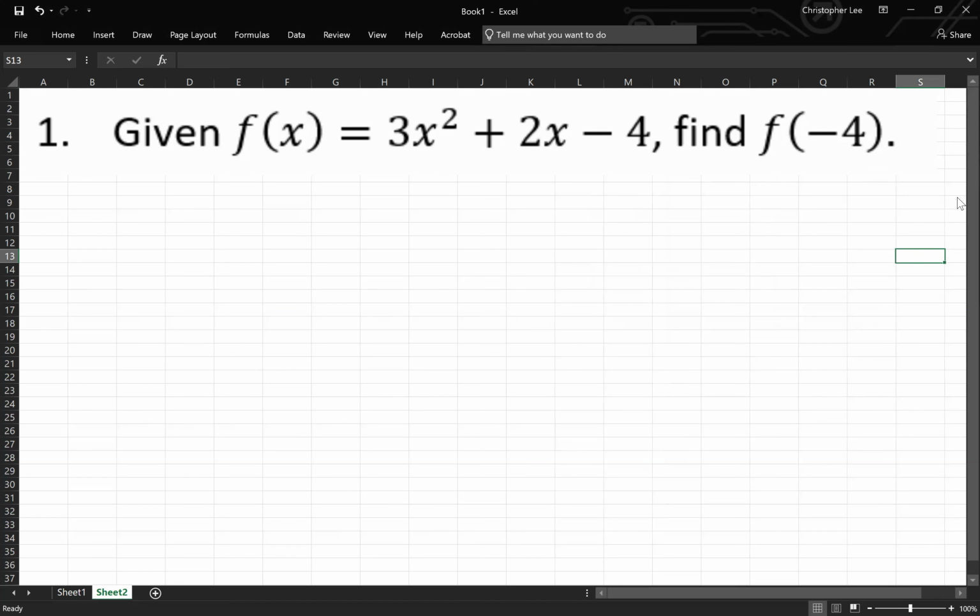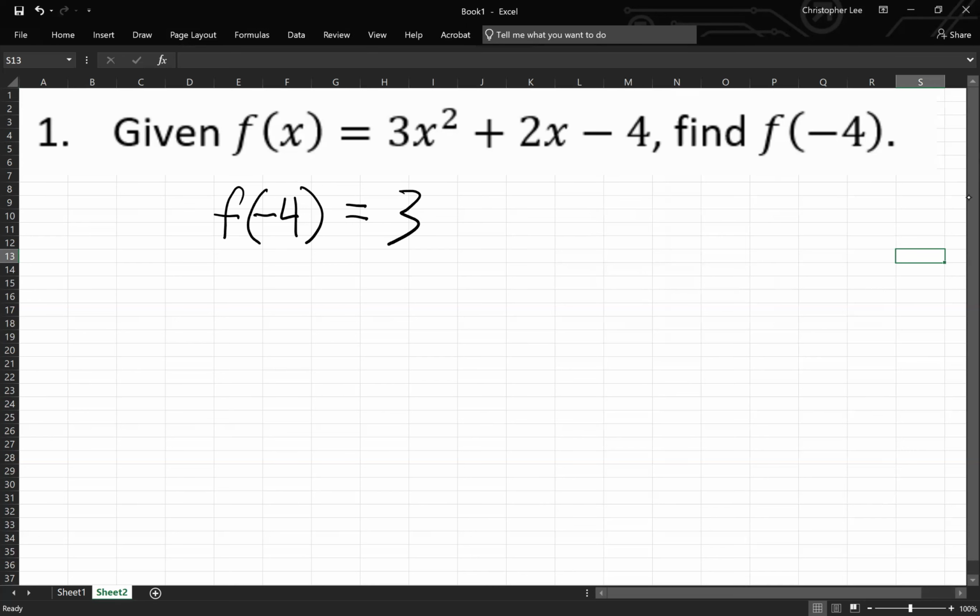It says, given that f of x is equal to 3x squared plus 2x minus 4, find f of negative 4. Long story short, all I want you to do is plug in whatever value they give you. So this is f of x, and I'm going to do f of negative 4. That means everywhere I see an x, I'm going to plug in negative 4.